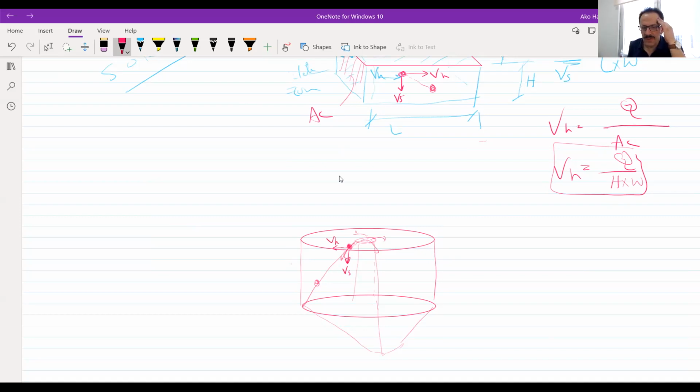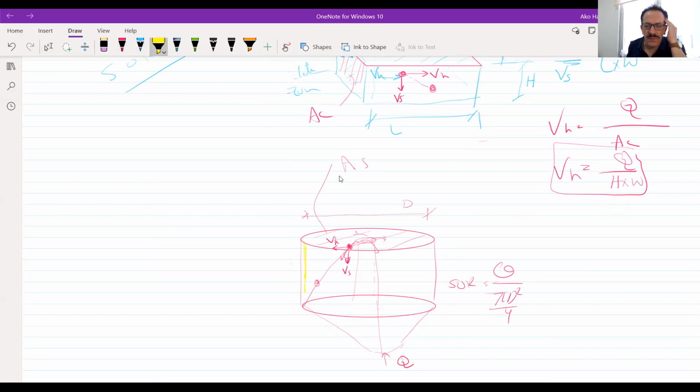Now, if the diameter of this tank is D, we have the Q. So Q divided by πD squared over 4, we know this is the SOR, the surface overflow rate, which is based on the surface area. But the cross-sectional area will be what?